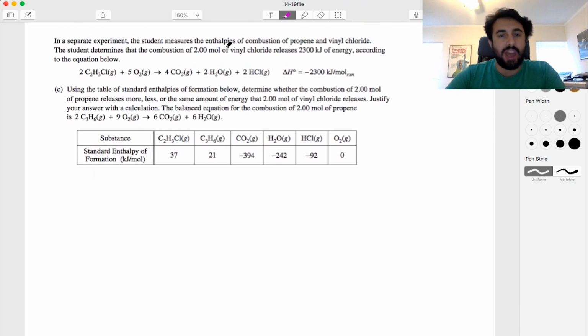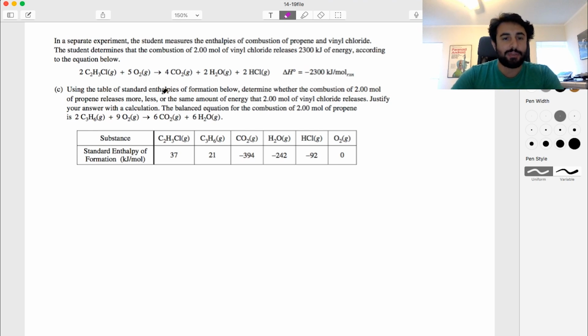The student measures the enthalpies of combustion of propene and vinyl chloride. So with 2 moles of vinyl chloride, now this is undergoing combustion, so here's the balanced equation for the combustion, and this is going to release 2,300 kilojoules per mole. So that was measured.